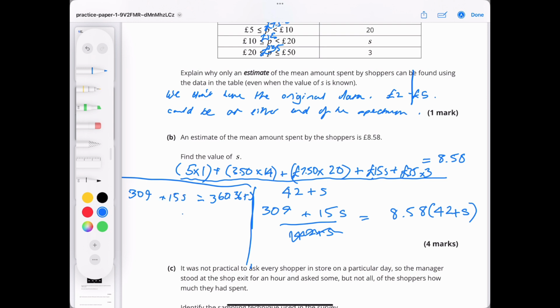We'll take 8.58S off both sides, so we get 14S. We'll take 309 from 360.36, it's 51.36, and then we'll divide that by 14, equals 3.